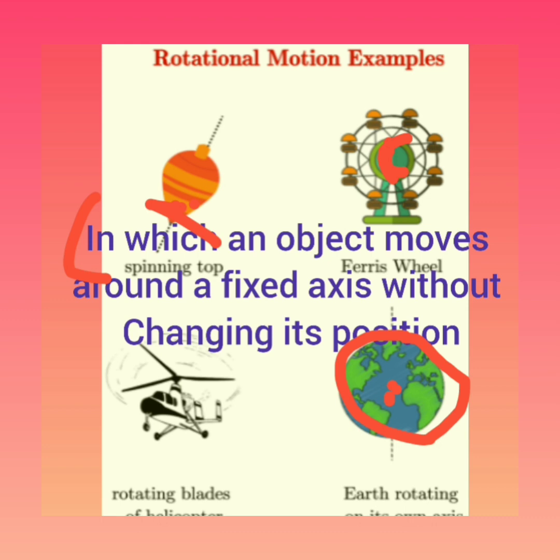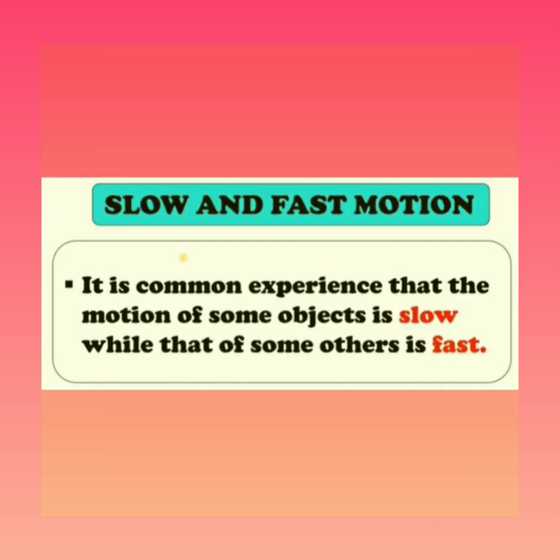Now let's come to the next point, that is slow and fast motion. The concept of slow and fast motion is related to the distance covered by an object and the time taken by it to cover that distance. It is common experience that the motion of some objects is slow while that of some others is fast.